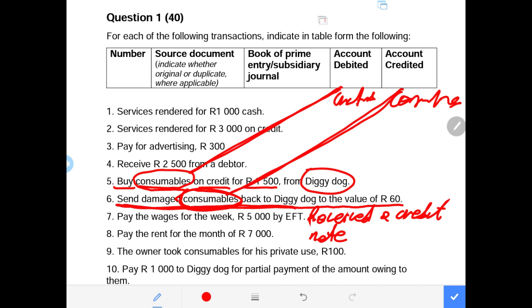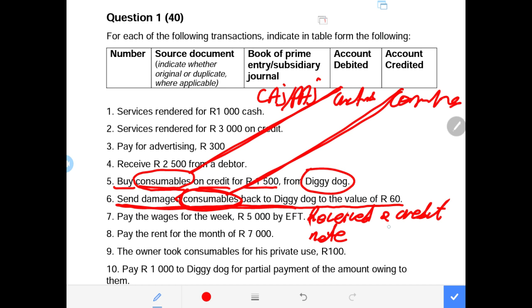Book of prime entry, remember this is a return. A return will be under our creditors allowance journal or purchases allowance journal. That is where we record our returns. The source document under number 6 will be our original credit note.